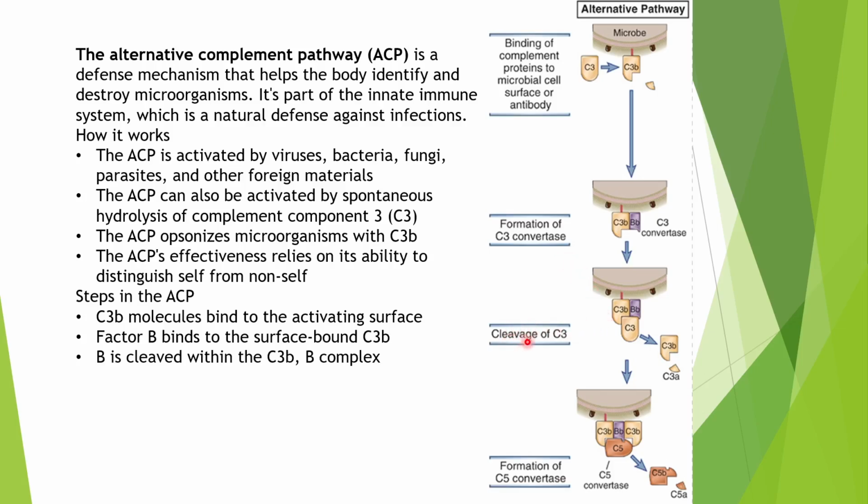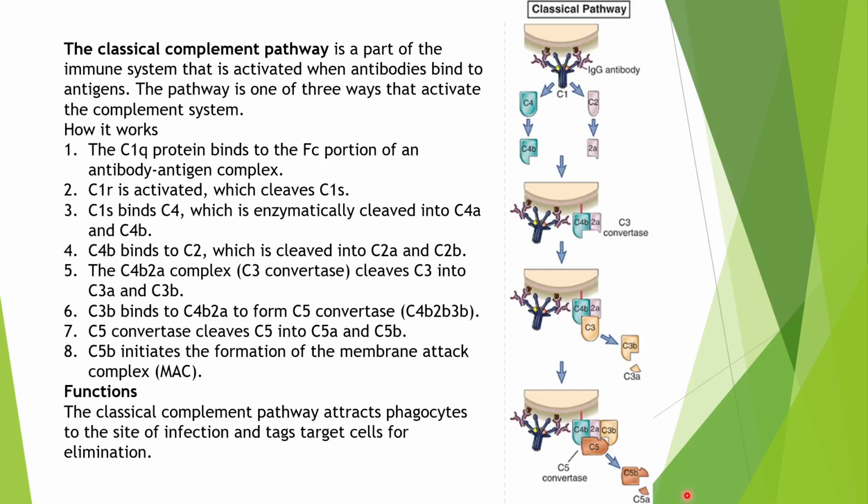Then cleavage of C3 occurs, that is hydrolysis, and then formation of C5 convertase. So you see C3 again has C3b, and then you also have factor B, and then finally you get C5b and C5a.